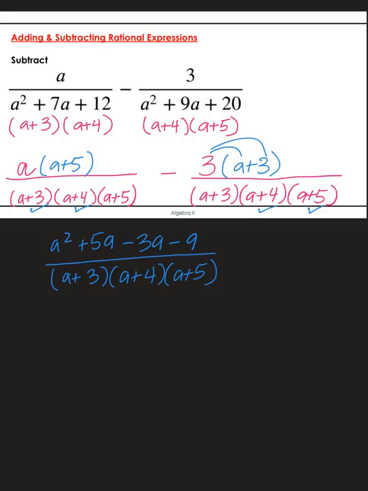And when I look, I have a 5a minus a 3a at the top. So that's going to give me a squared plus 2a minus 9 over a plus 3 times a plus 4 times a plus 5. So that's going to be my answer because there's no number that multiplies to give me 9 and add to give me 2. Or excuse me, negative 9 and add to give me 2. So that's all I have for that one.